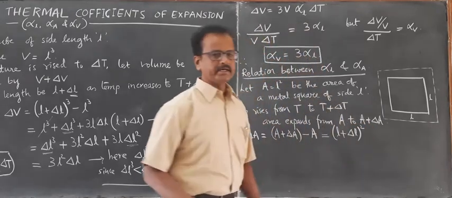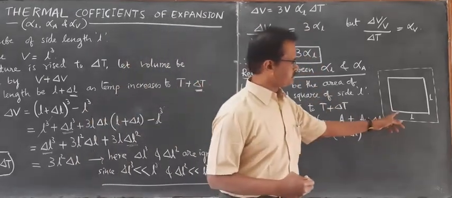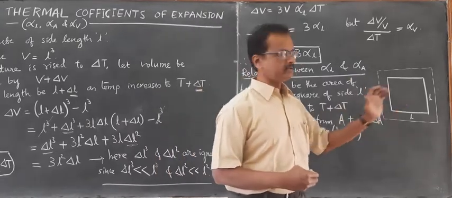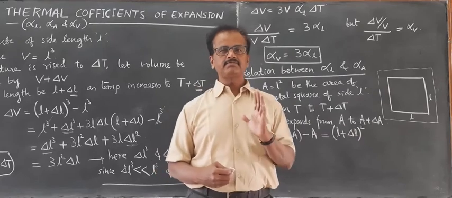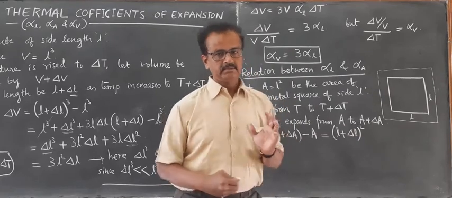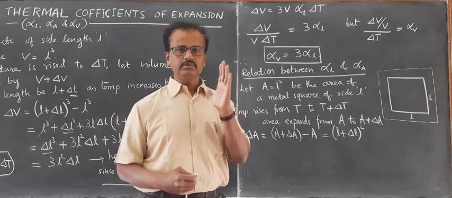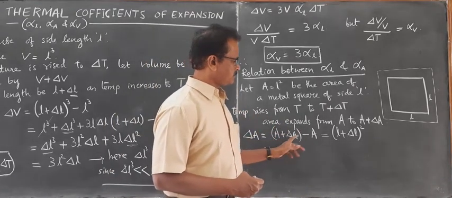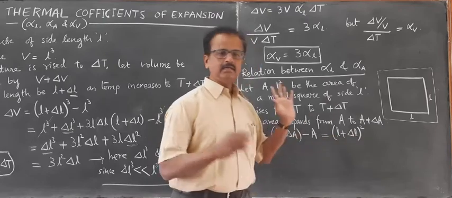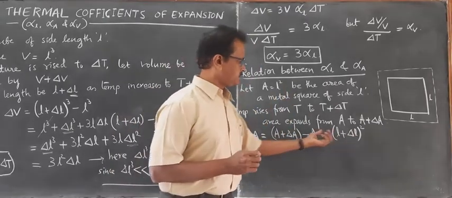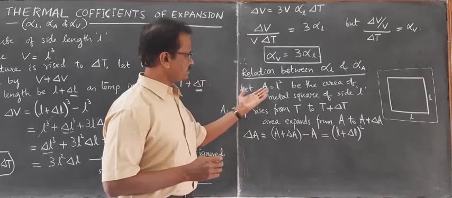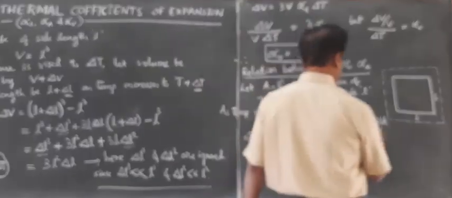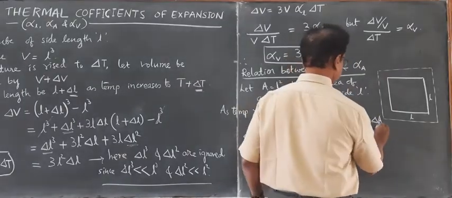As we have considered earlier, as temperature increases from T to T plus delta T, the length of each side increases from L to L plus delta L. So A plus delta A becomes L plus delta L whole square, because A is L square, minus A. A is L square.